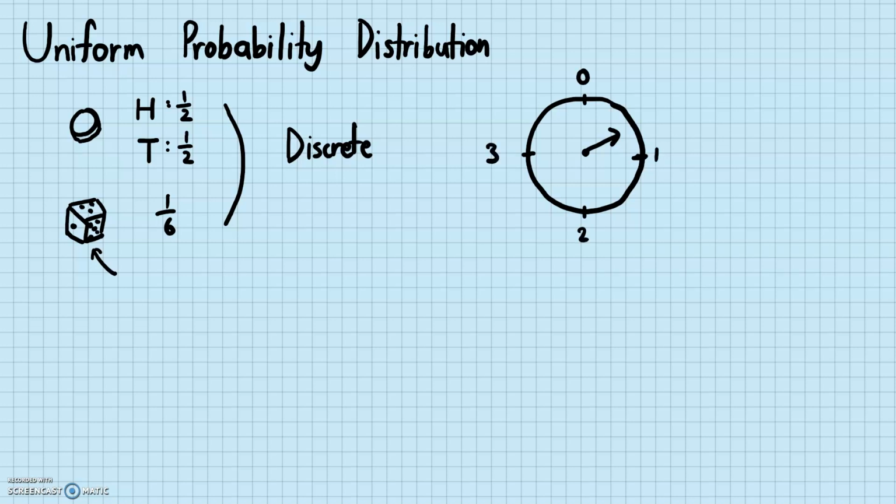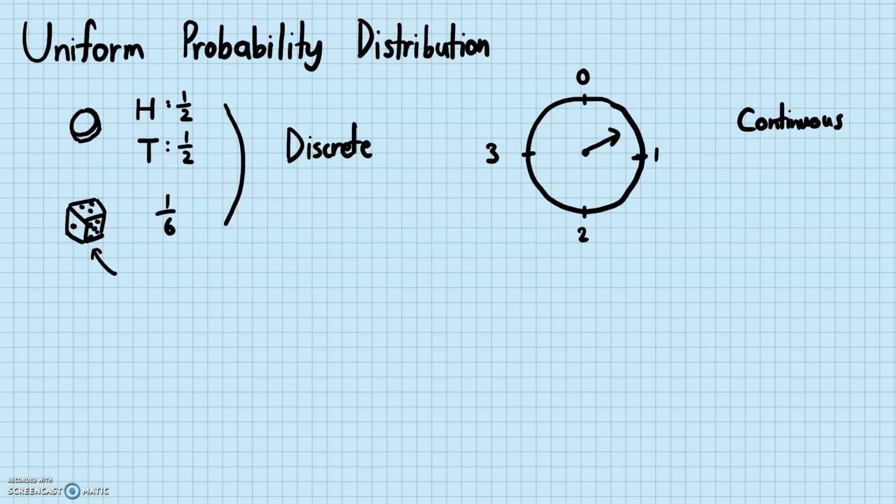So this would be continuous data because the pointer can land in between any of these numbers. It can land right there, right there, right there. It doesn't have to land on the numbers. It can land anywhere in between. So this is an example of a continuous case.